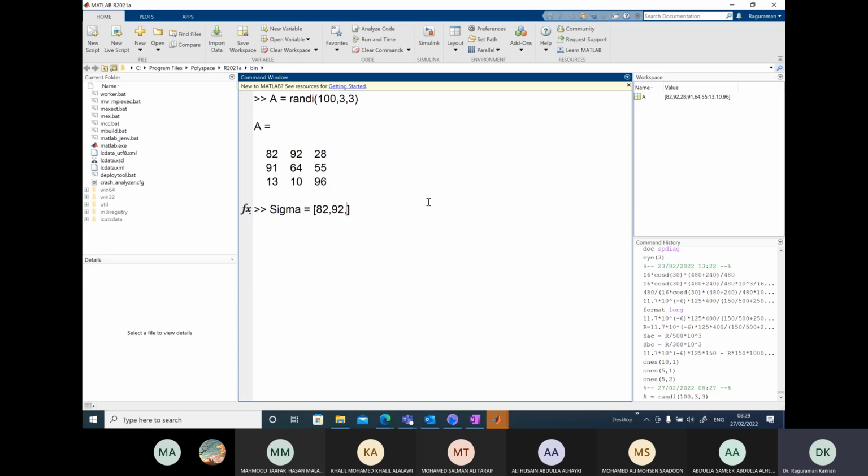92, 28, and let's say here the second value should be 92, 64, and 55, 28, 96.